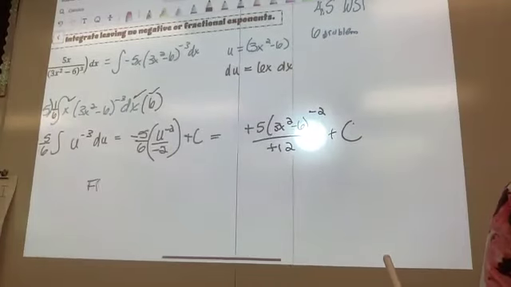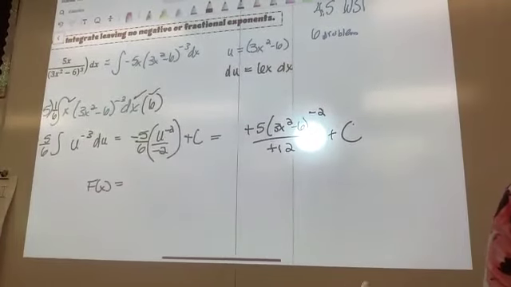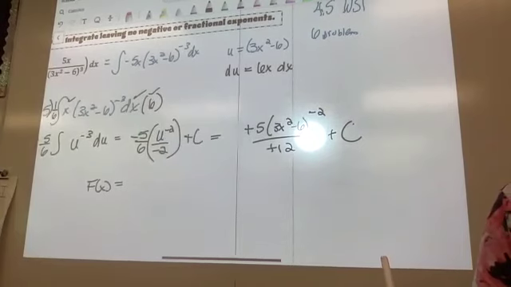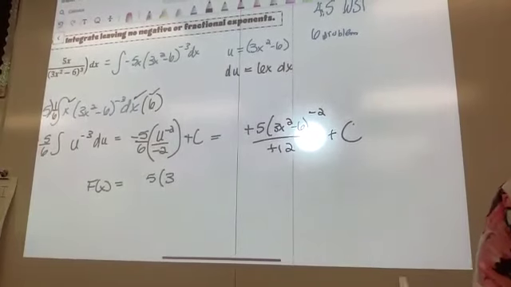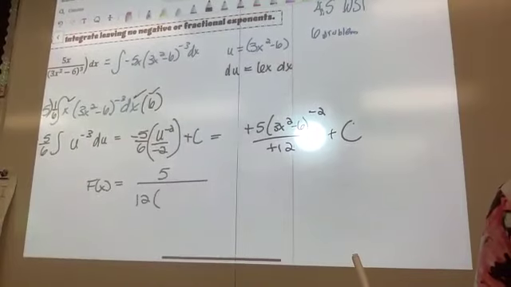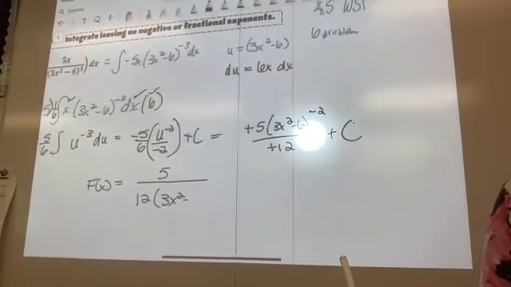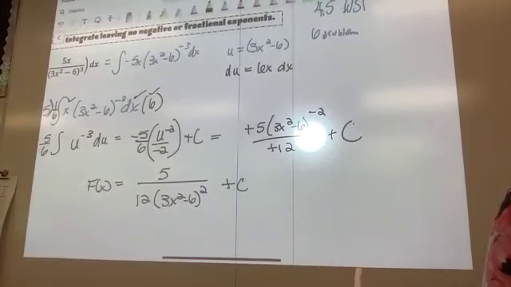So your f of x is, bring this negative exponent down, you get 5 times 3. Oh, sorry, no, that's going to go to the denominator. The only thing in the numerator is 5. 5 over 12 times 3x squared minus 6 quantity squared plus c. And that is it.